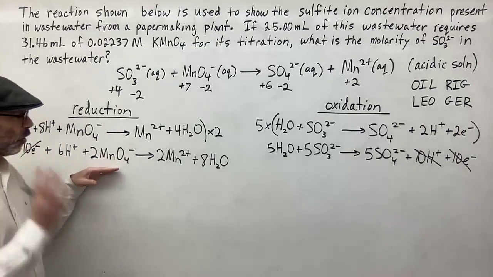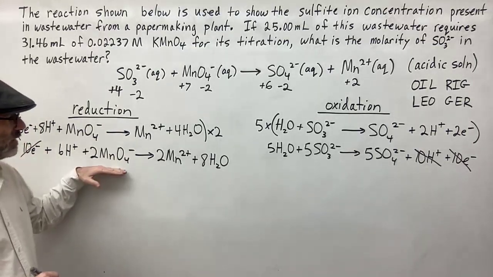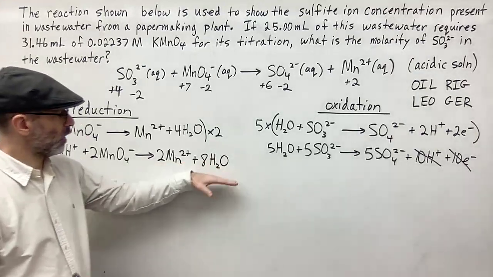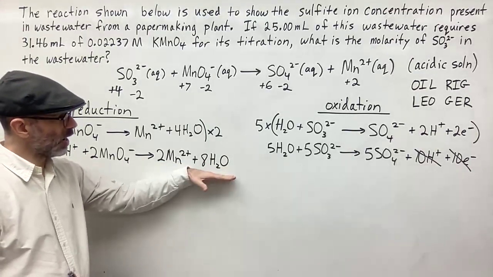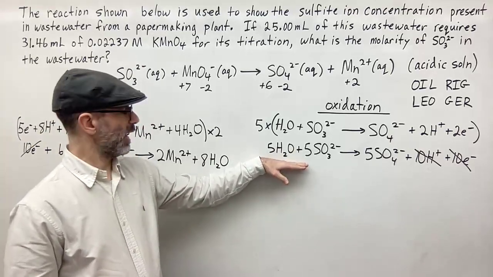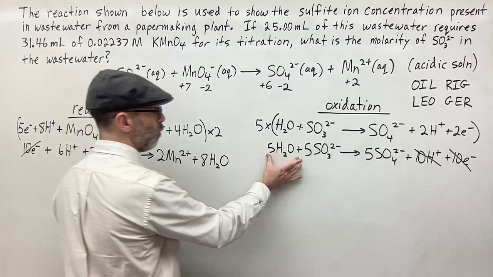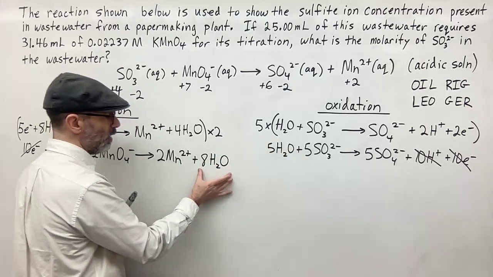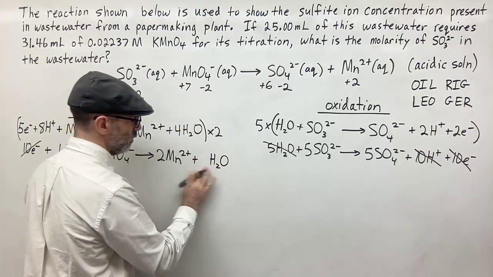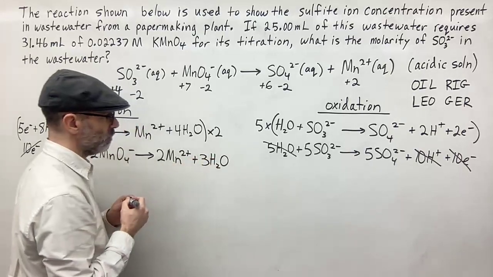The MnO4 is fine. That's not the same on both sides. Mn, that's fine. What about water? We have 8 waters on the product side over here. We have 5 waters on the reactant side. So these 5 waters can cancel out with 5 over here. So we can get rid of that, and then this will become a 3.